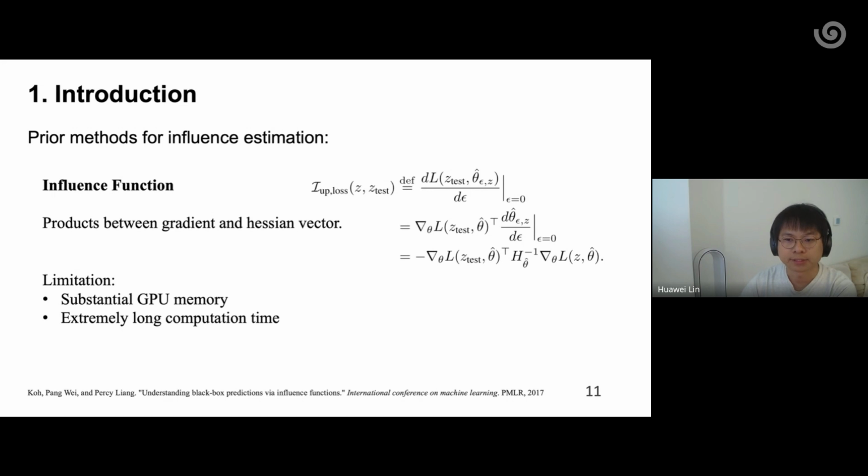However, it has to compute the products between gradient and Hessian vector. So it actually is a second order method. So it can be very expensive and memory intensive, especially for large models.